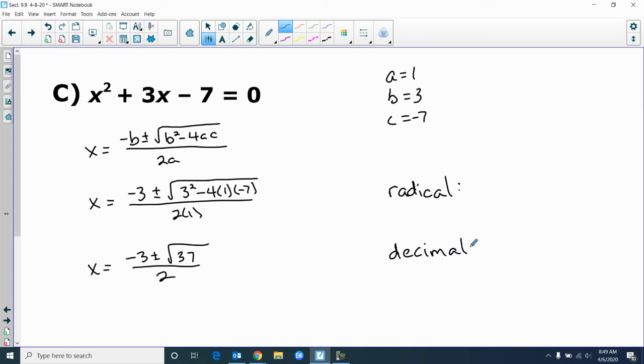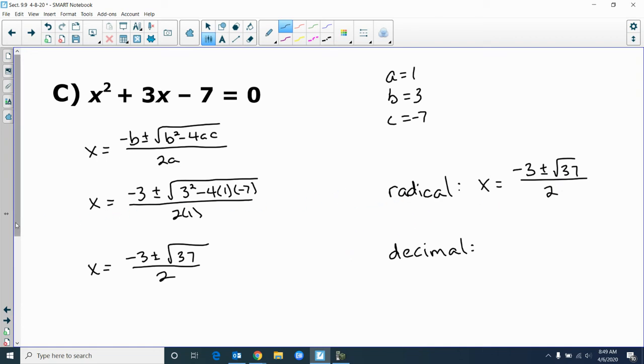At this point, that is my radical answer because it doesn't come out to a whole number. And because it contains the radical, this is also what we call the exact answer. You're going to write it as -3 plus or minus square root of 37 over 2.